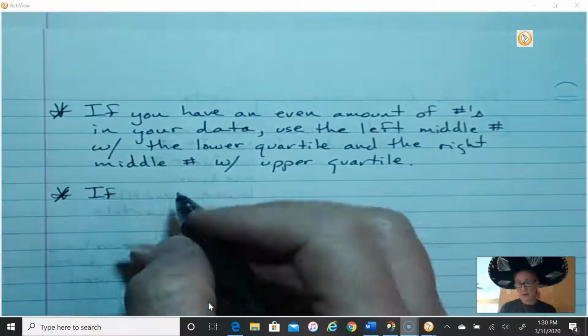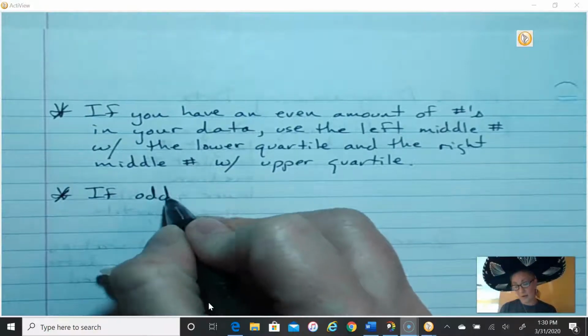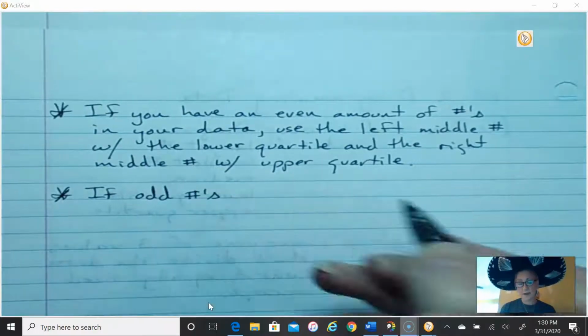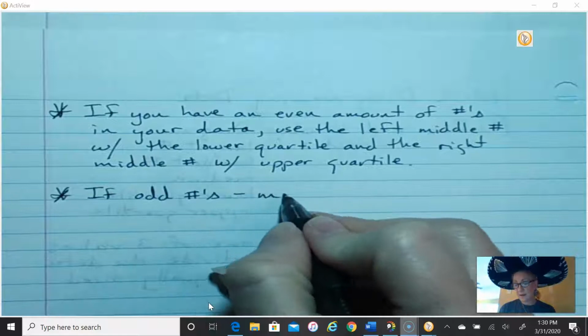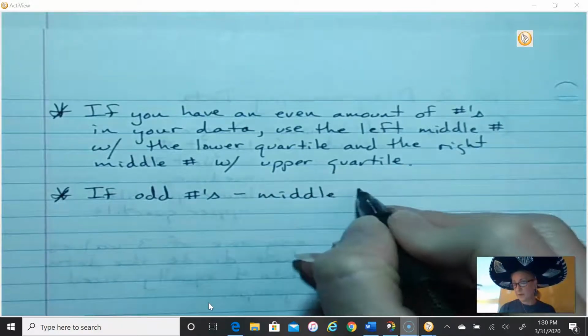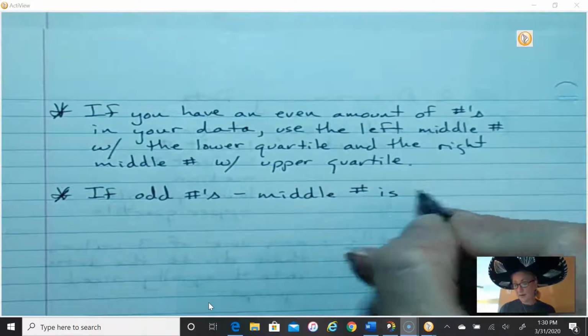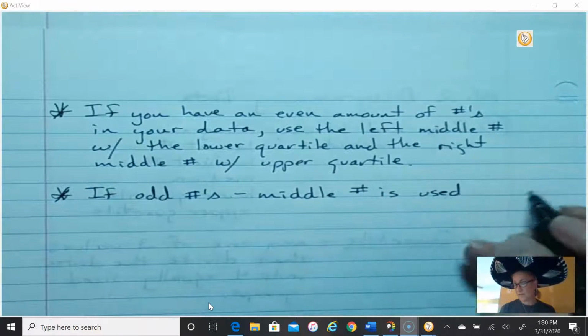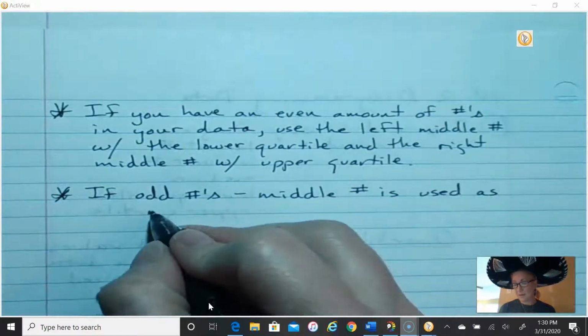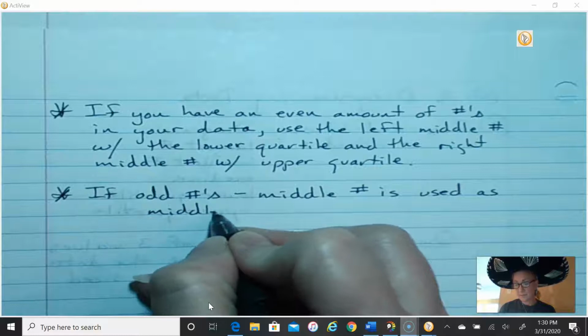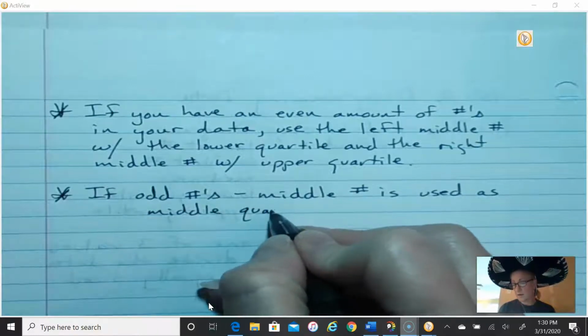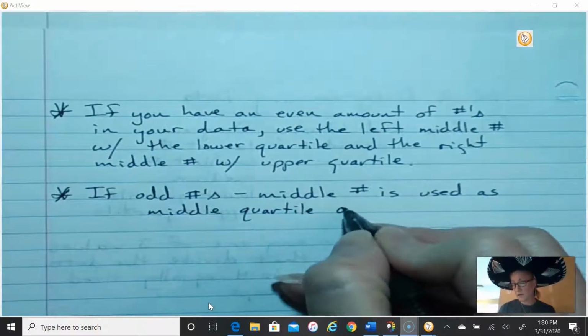If it's an odd number of data, the middle number is used as middle quartile only.